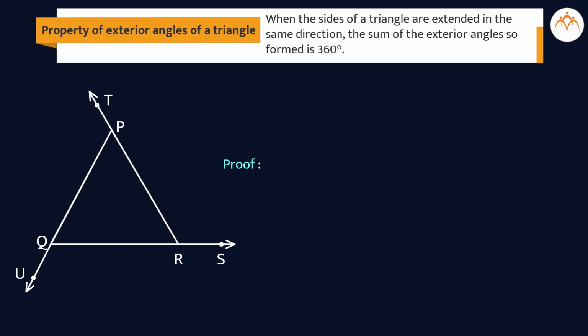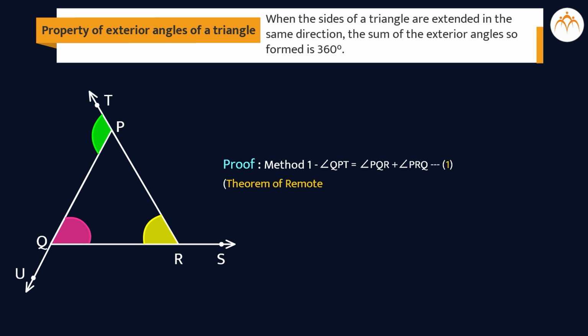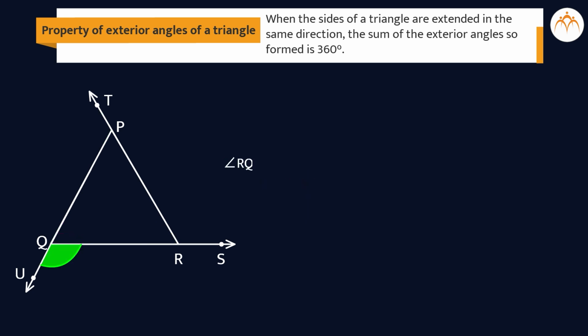Proof. Method 1. Measure of angle QPT is equal to measure of angle PQR plus measure of angle PRQ. Statement 1. This is because of the theorem of remote interior angles of a triangle. Measure of angle RQU is equal to measure of angle QPR plus measure of angle PRQ. Statement 2. Measure of angle PRS is equal to measure of angle QPR plus measure of angle PQR.